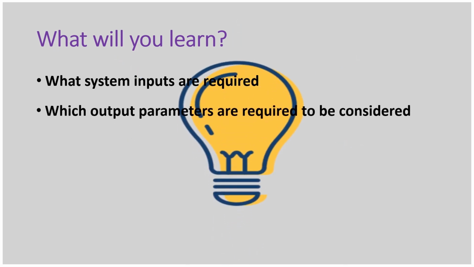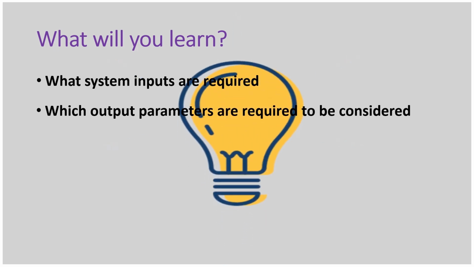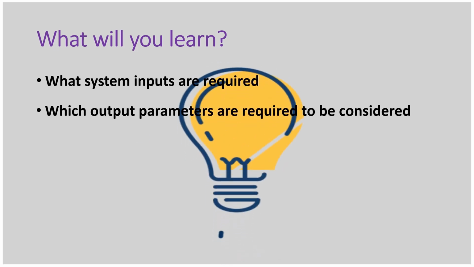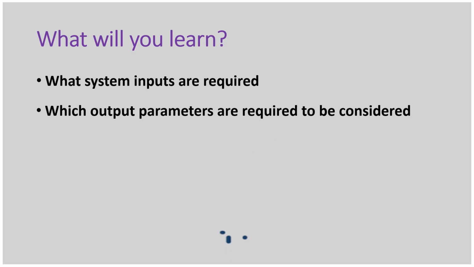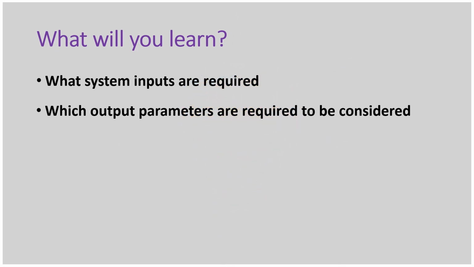Then the second part is what output parameters are required to be considered. Whenever you design something, in our example of pushing a 10 kg load, which kind of cylinder will you pick, and what will be its bore size?